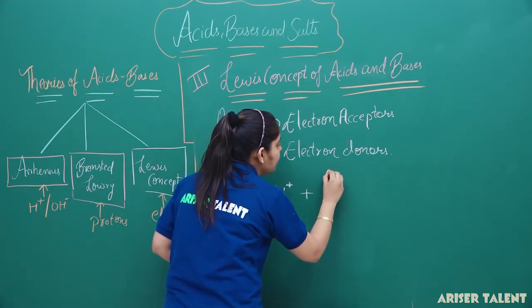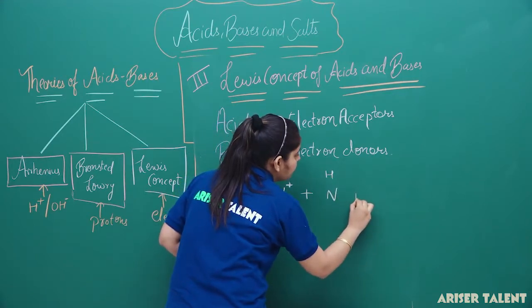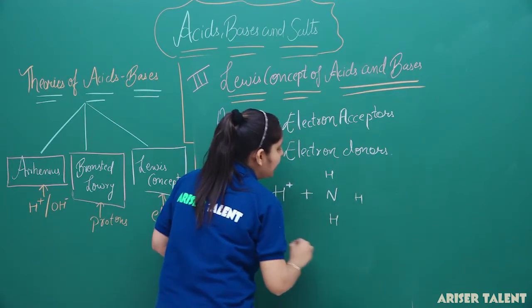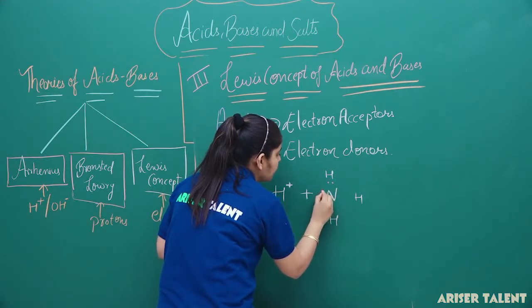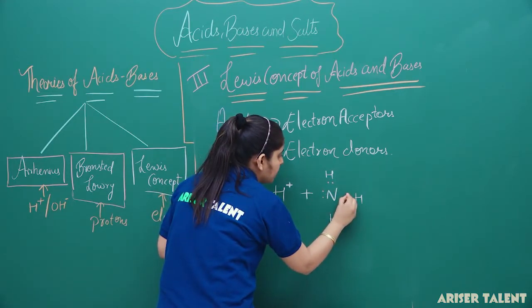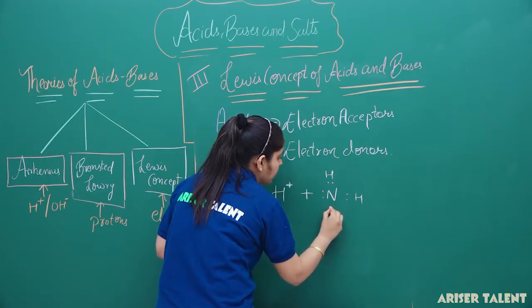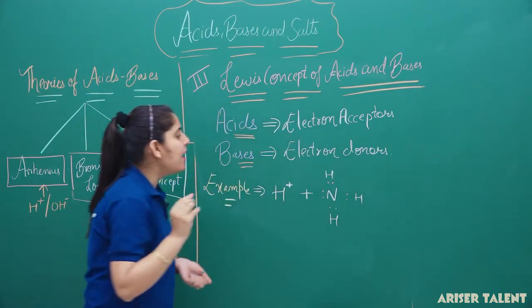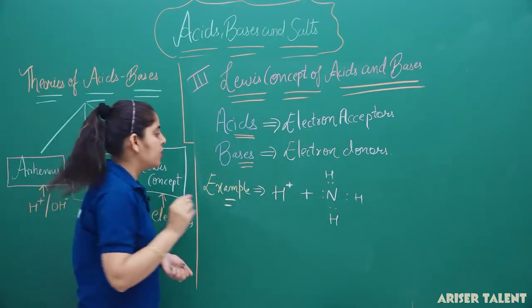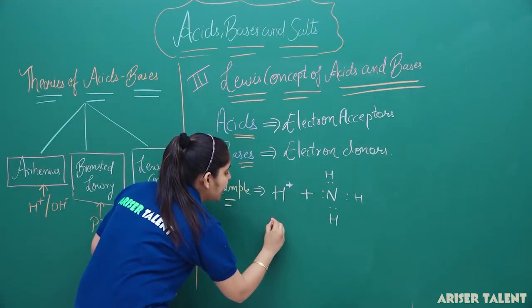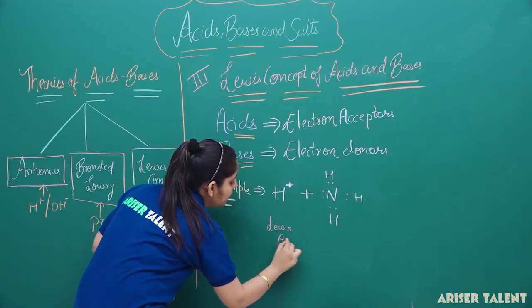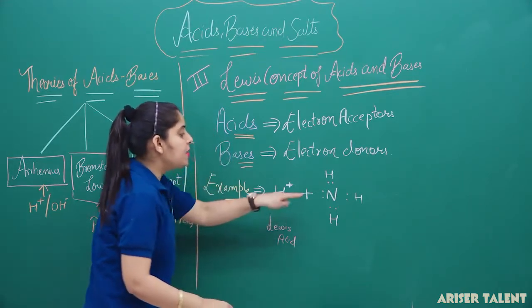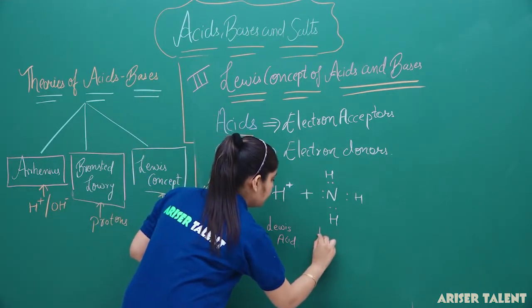NH3 has H and H here, and these have the lone pair of electrons on the nitrogen. Now this acts as a Lewis acid. This will act as a Lewis base.